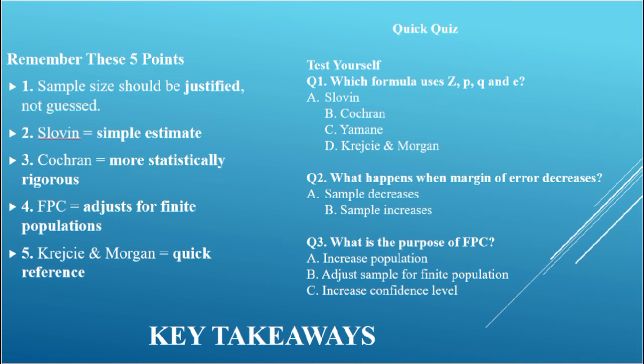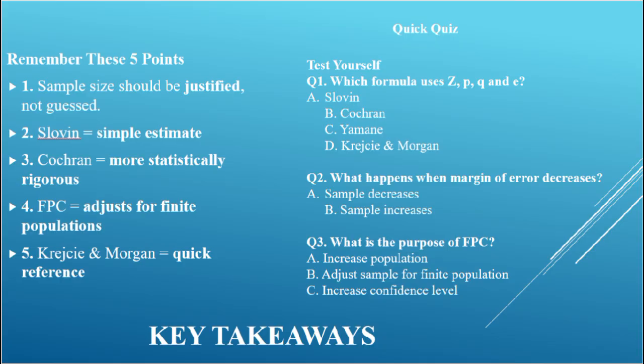Key takeaway. Let's conclude today's lecture with 5 important points. First, sample size should always be scientifically justified rather than guessed. Second, Slovin's formula is a simple approach but has limitations. Third, Cochran Formula provides a more statistically rigorous approach because it explicitly considers confidence level, margin of error and population variability.